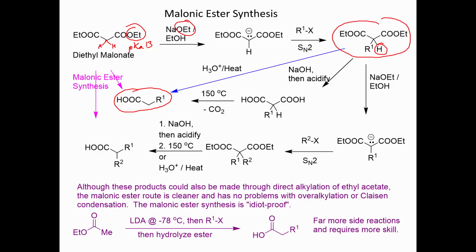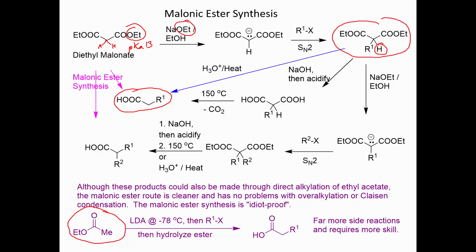Okay, so the malonic ester synthesis produces a substituted carboxylic acid. Hypothetically, we could have gotten the same thing by just taking ethyl acetate here and treating it with LDA at -78, but this way is far easier to do.